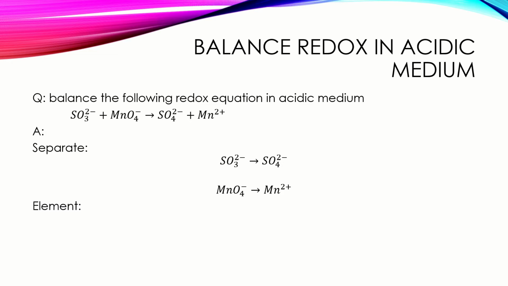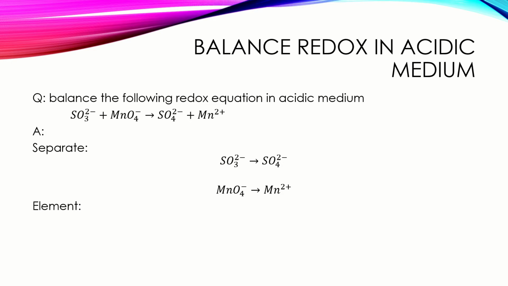Meanwhile, if the number of oxygen atoms decreases, the reaction undergoes reduction. So, SO3 2- produce SO4 2- is the oxidation half reaction, and MnO4- produce Mn2+ is the reduction half reaction.